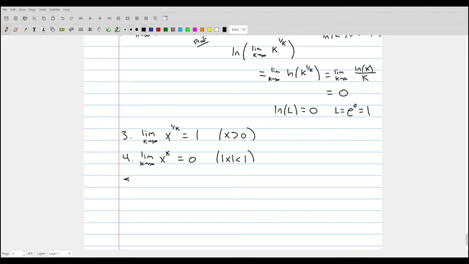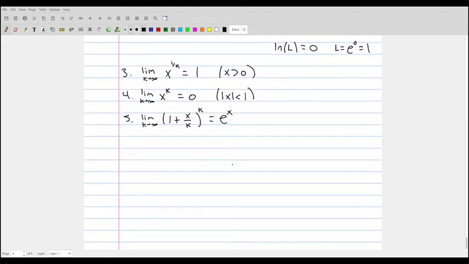And probably one of the most important ones: the limit as k goes to infinity of 1 plus x over k, to the k, is equal to e to the x. This is another possible definition of the exponential function, e to the x. I'd like to go through and show this as well.